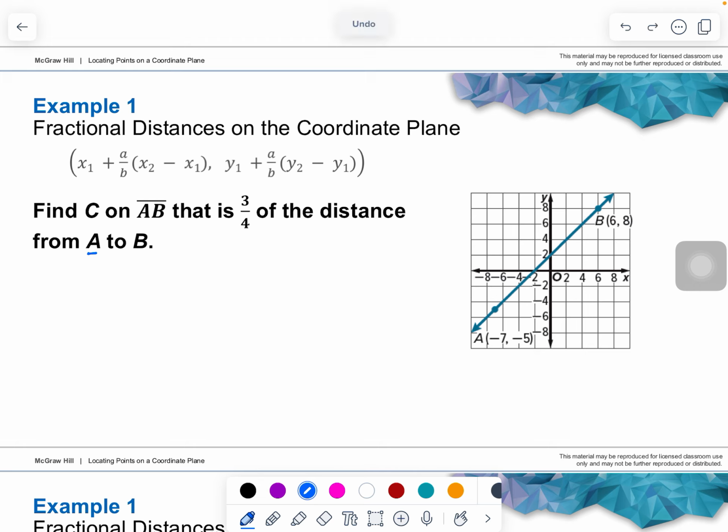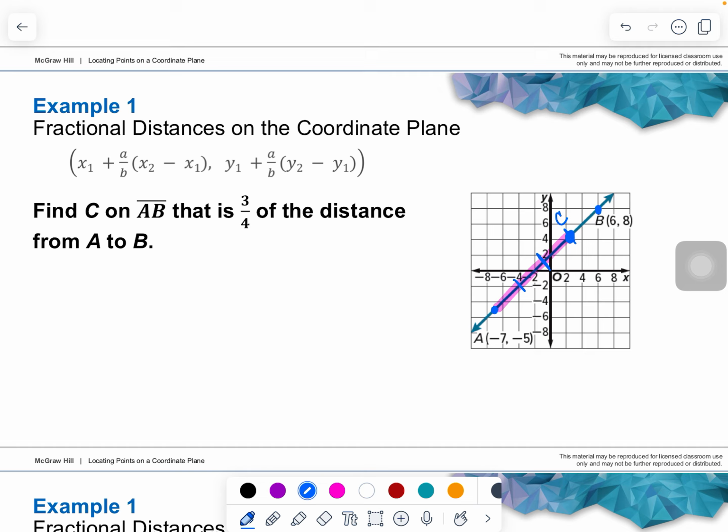That means this A is our beginning, B is our end. And if we were to draw a line somewhere about halfway between it, and then another half between those, now if I highlighted 3/4 of those, 1, 2, 3 of those, this point right here, that's probably about C right there.